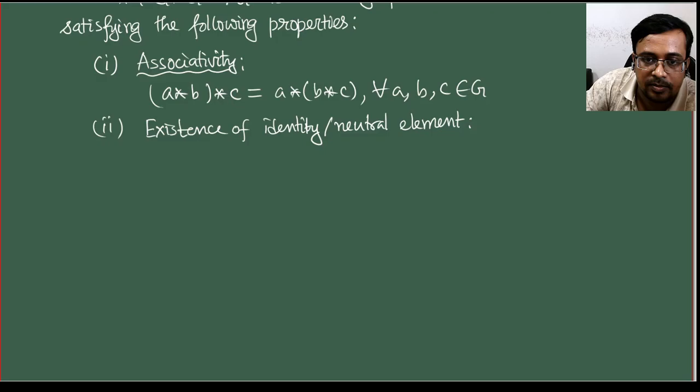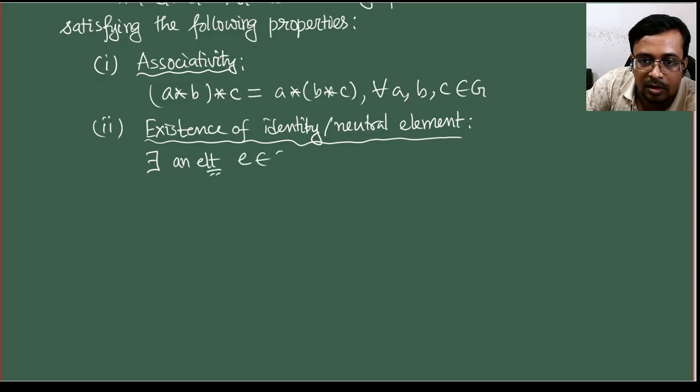This means that there exists an element E in G such that A star E equals E star A equals A for all A in G.